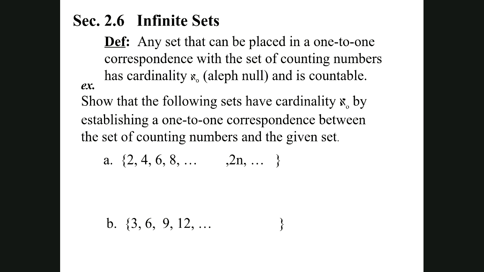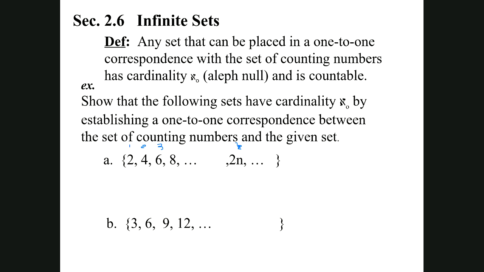To know the first term, n is 1, we get 2. The second term, n is 2, we get 2 times 2, which is 4. And when n is 3, the third term, we get 2 times 3, which is 6. So we know what every term is.